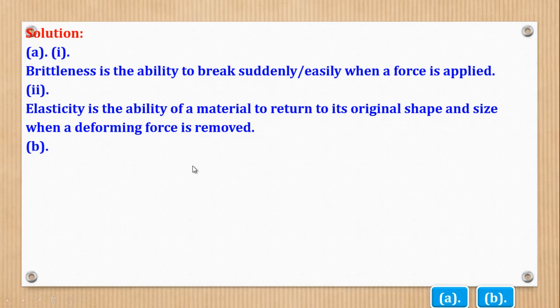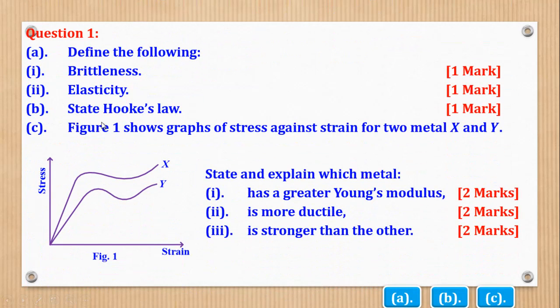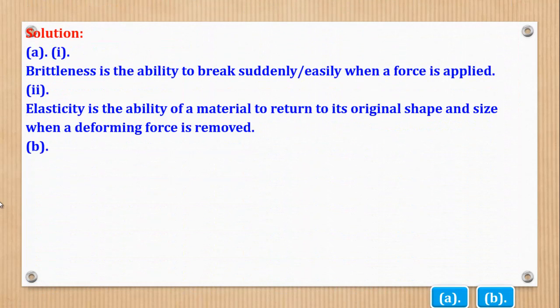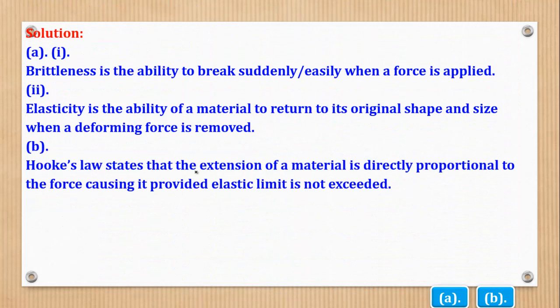That was part A. Then part B says, state Hooke's law. Hooke's law states that the extension of a material is directly proportional to the force causing it, provided the elastic limit is not exceeded.